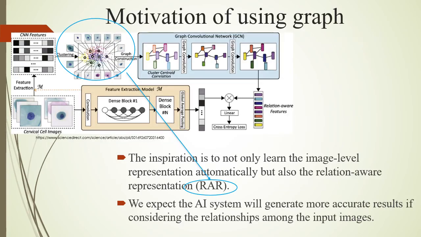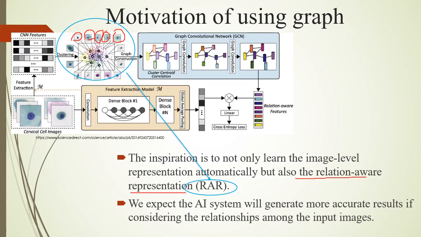Now let us discuss the motivation for using a graph. From the top image, we can think of each image as a node. When we construct the graph, it means we want to learn relation-aware representations.